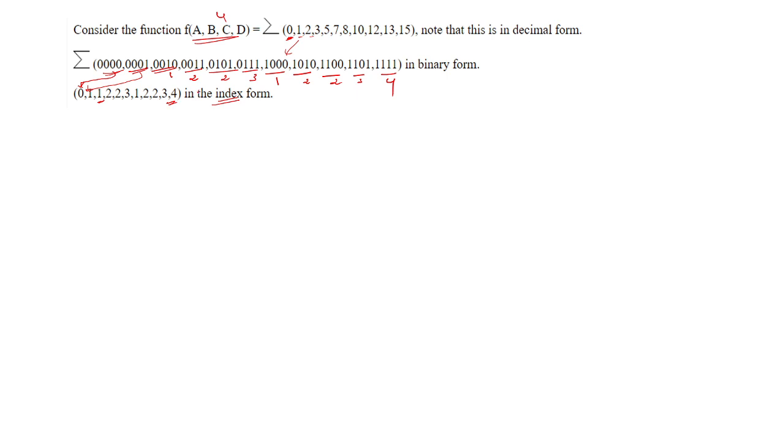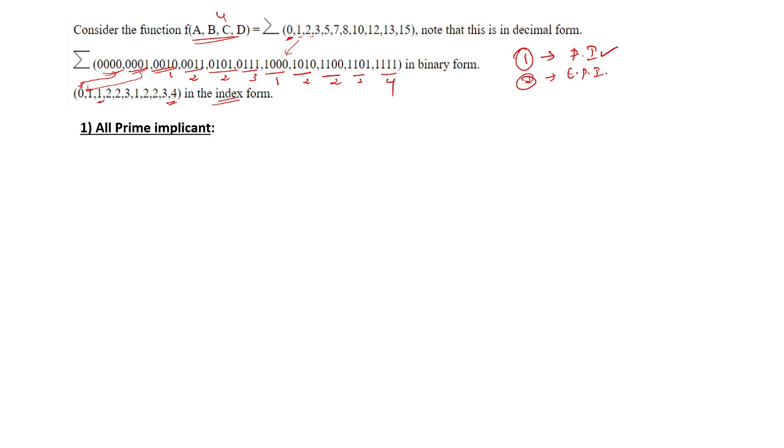Now the first step is, as usual in the K-map, to find what all the prime implicants available are, and the second is which ones are essential prime implicants. Finally we have to write the Boolean expression. So the first step is finding all the prime implicants.